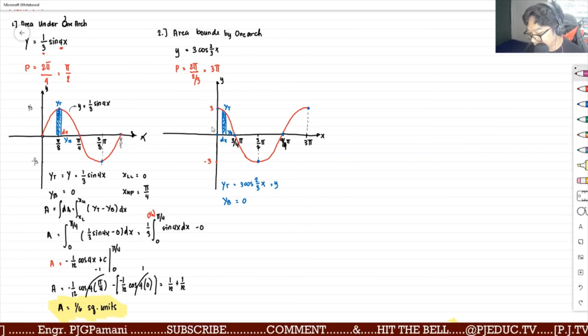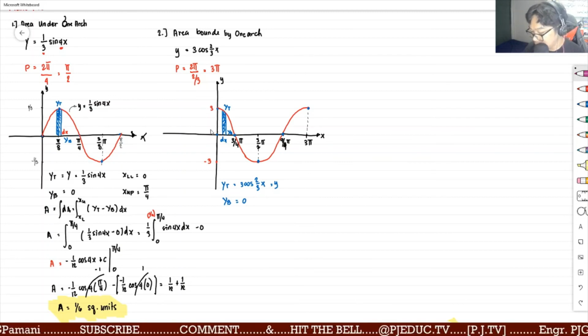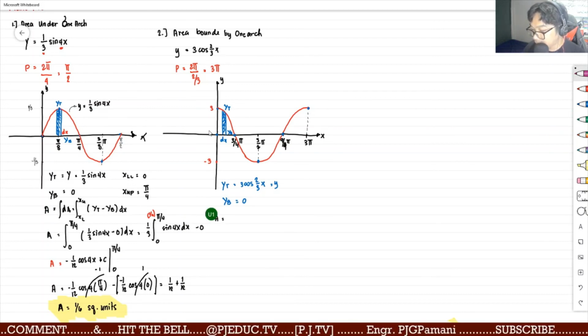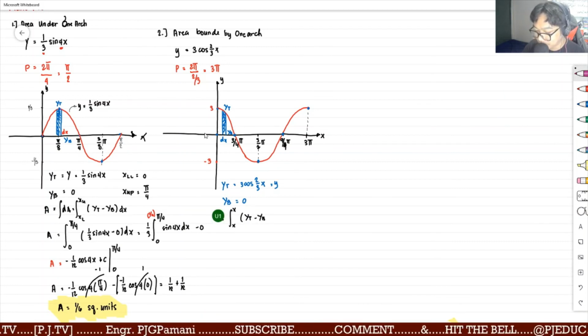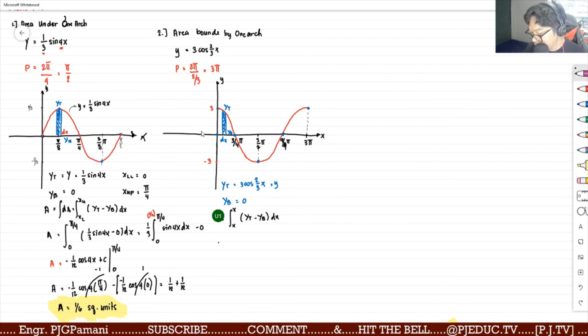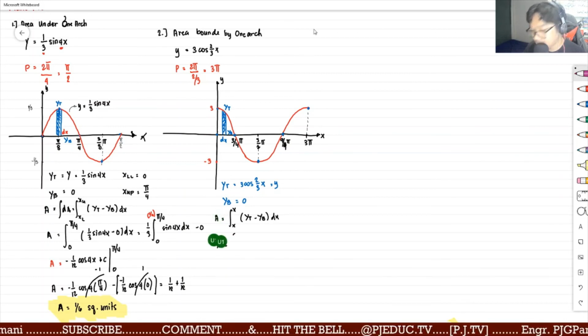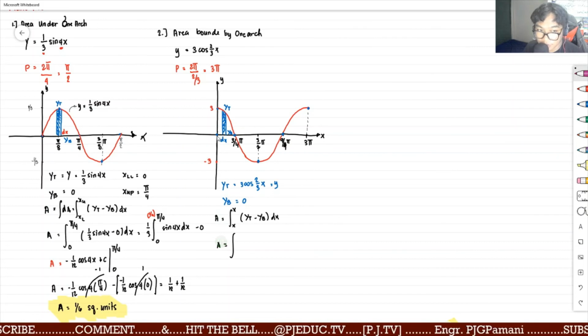Okay. And then, compute for the area. Area is simply differential integral of the lower limit and the upper limit times y top minus y bottom dx. Ano yung ating upper limit at saka lower limit? Yung curve is from 0 to 3/4 pi.